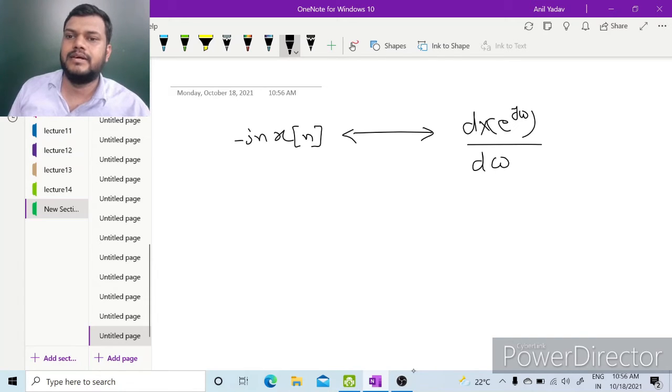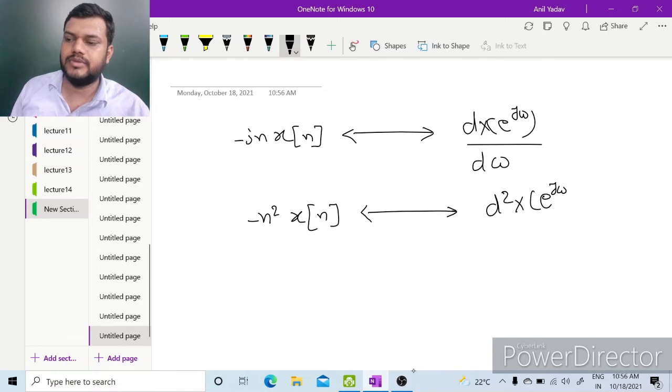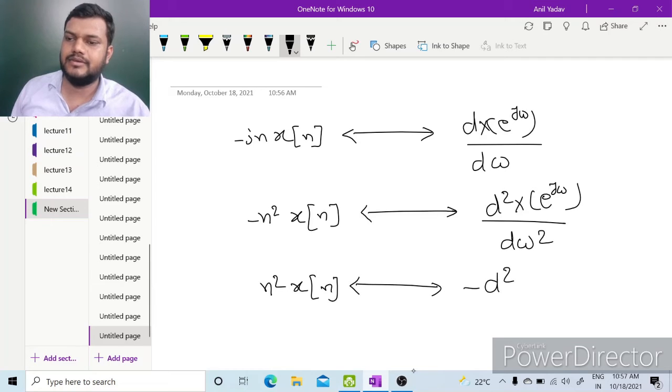So again, multiply with minus j on both sides. So n square x of n will have DTFT as d square X(e^jω) upon dω square, with a minus sign: minus d square X(e^jω) by dω square.